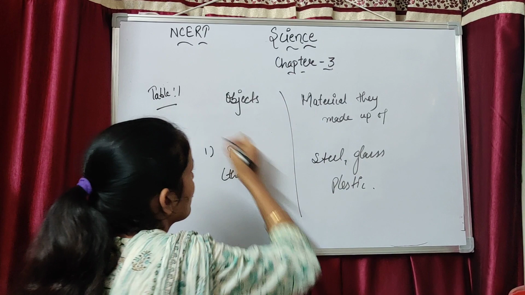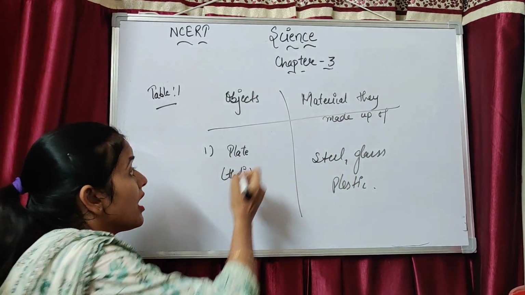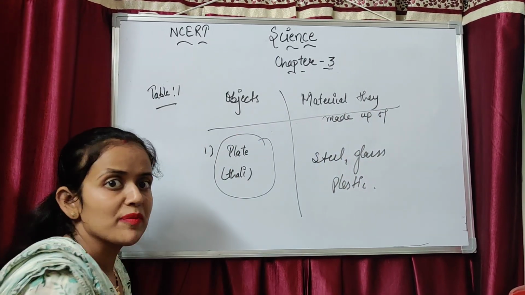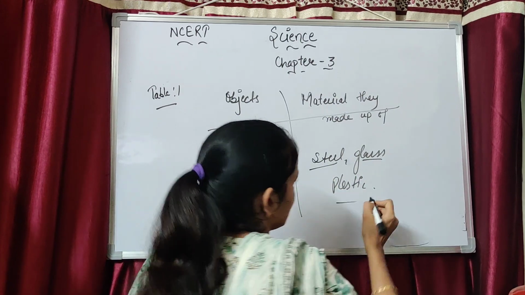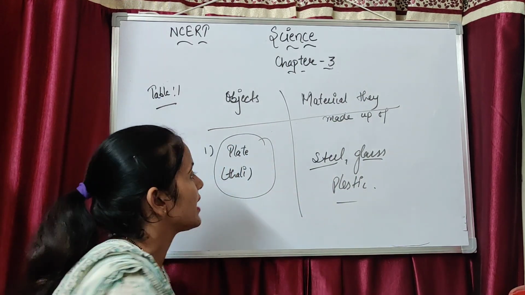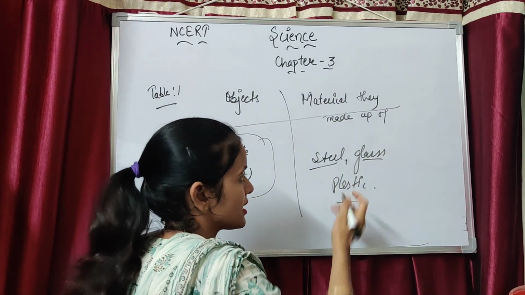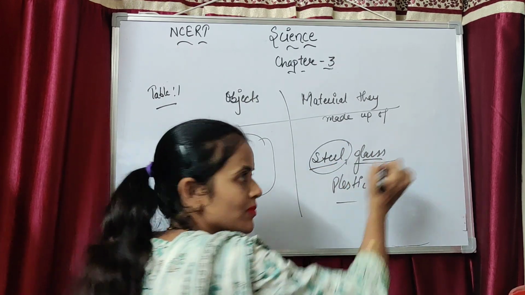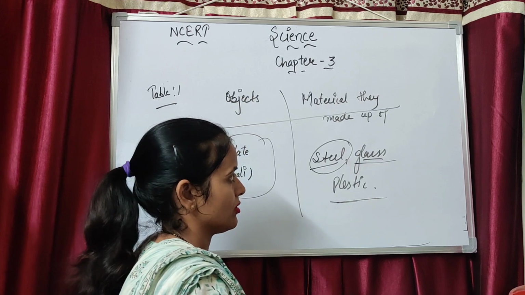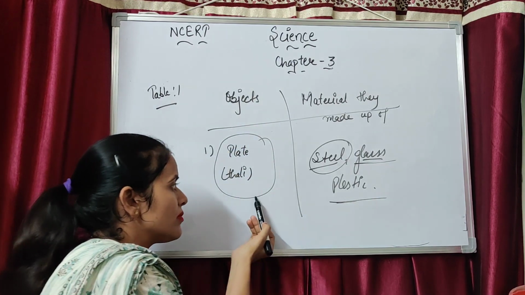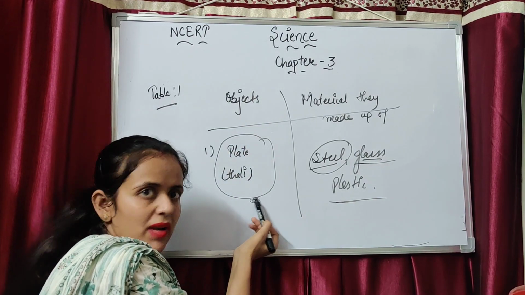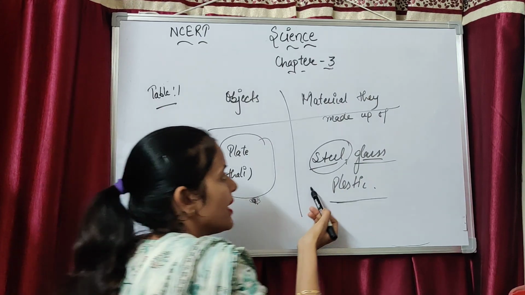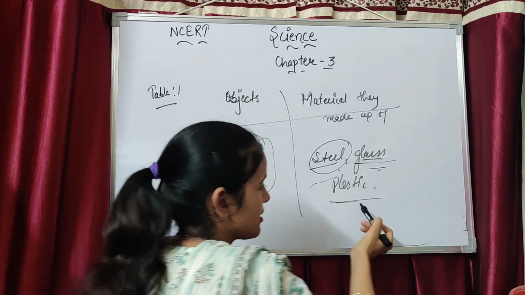From this table, I want to explain to you that one object can be made up of different materials, like steel. Steel plates are also available in our homes. Glass plates also. Plastic plates also. So one object is a plate, but the material is different: steel, glass, and plastic.